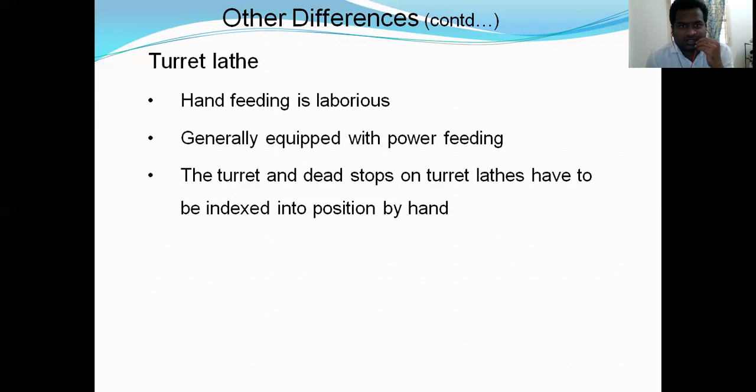So the changing of the tool, the rotation of the turret, has to be done by hand, not automatically. Okay, so these are the points. The turret and its stops, the turret blades, have to be indexed into position by hand.